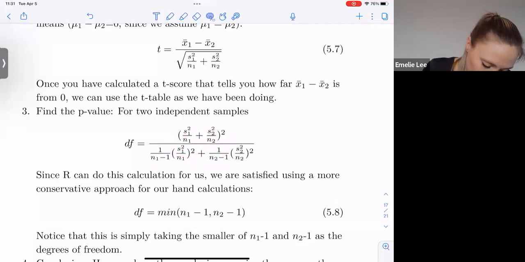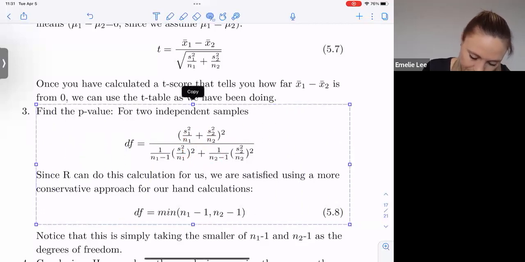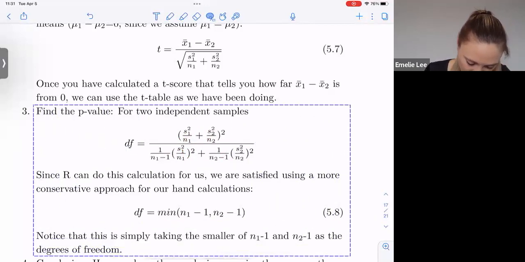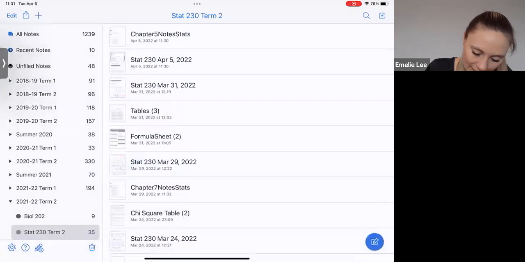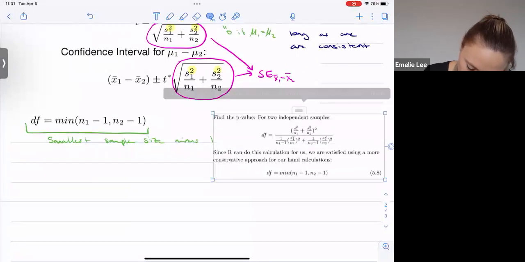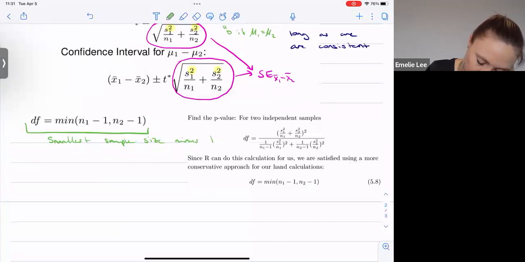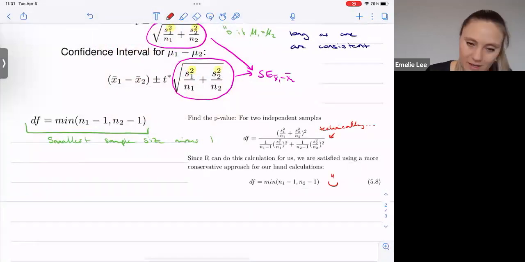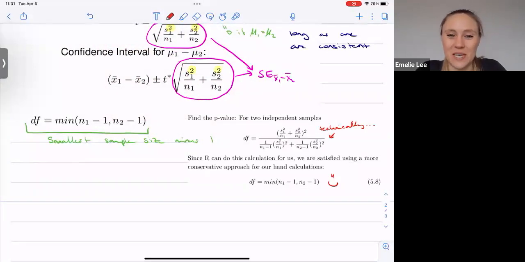Technically we use this, but I'm happy just using the smallest sample size minus 1.